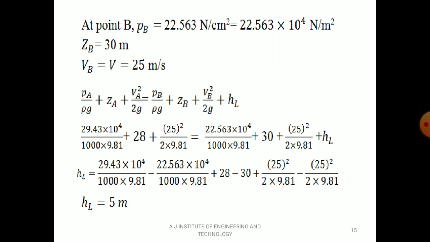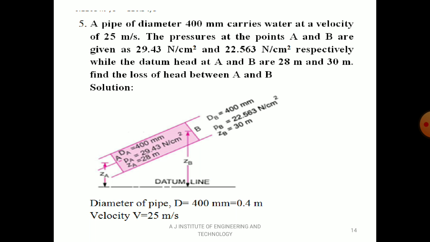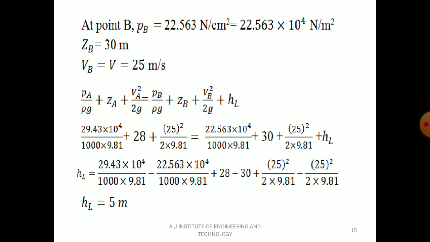So at point B, PB is given as 22.563 Newton per centimeter square. Newton per centimeter square to Newton per meter square can be done by multiplying by 10 to the power 4, so 22.563 into 10 to the power 4 Newton per meter square. ZB, the datum head at B, is 30 meter.